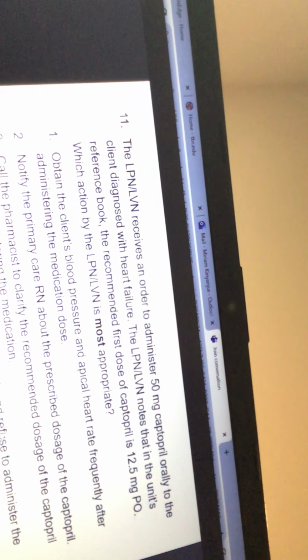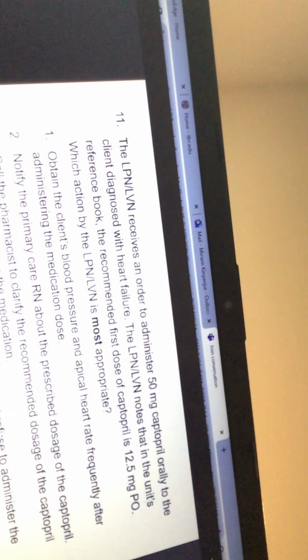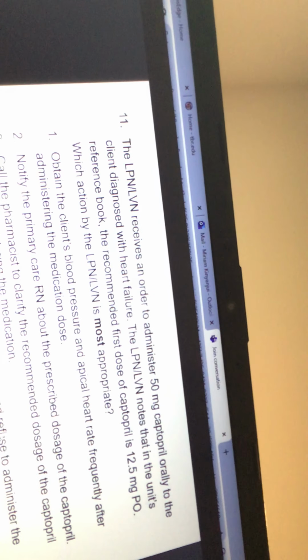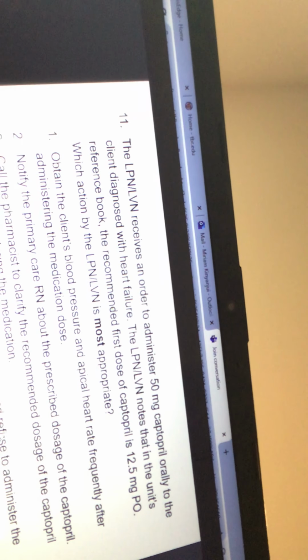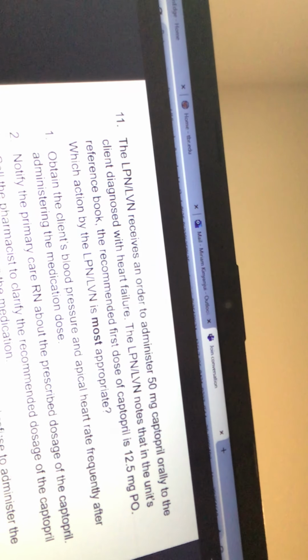Let's see if they make sense. What about number 1? No, because you're already giving the medication. We don't know about that dose. We don't want to give it to them and then suffer the consequences. No, get rid of number 1.